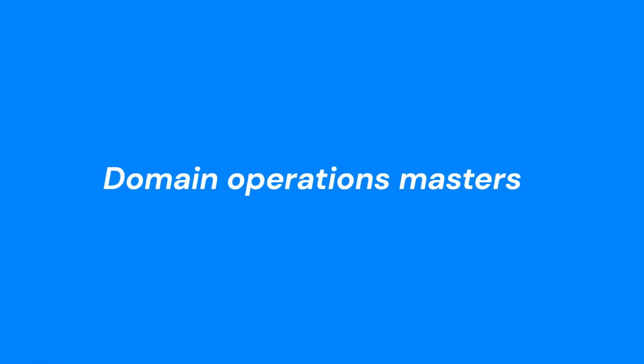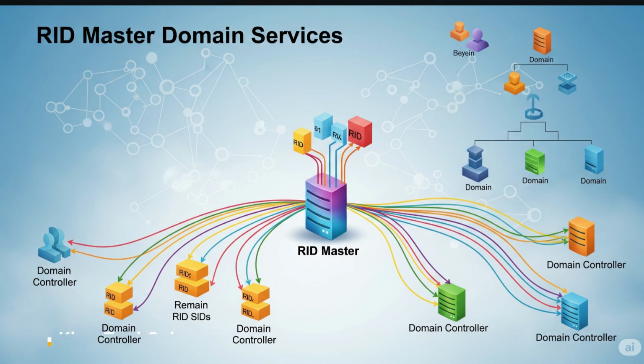Domain operations masters. A domain has the following operations master roles. RID master. Whenever you create a security principal such as a user, computer, or group in ADDS, the domain controller where you created the object assigns the object a unique identifying number known as a security ID, SID.